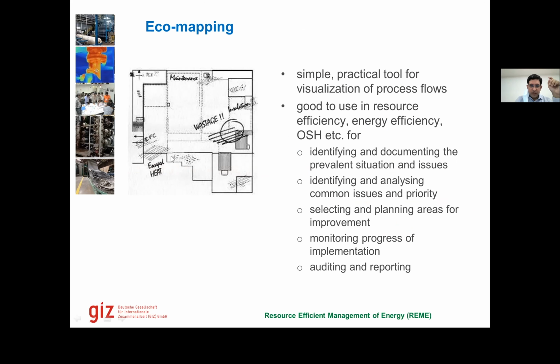So they have marked it with different symbols, and there are different symbols everywhere in this. So if you have this map, which we call an eco map, put up on the production floor, and on this map we have identified where the problem is and what kind of problem is there, then it is very easy to communicate to people that these are the problem areas, these are what we want to improve.